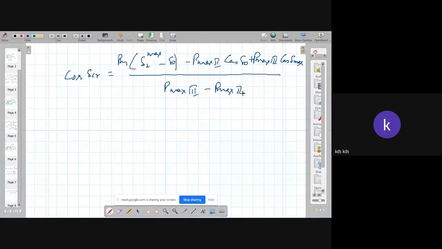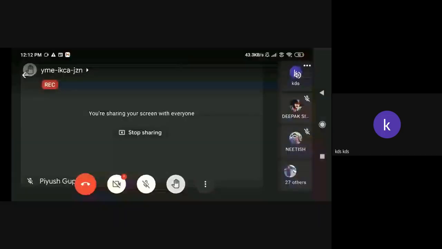If you need to consider it in terms of degrees, then these values of deltas are required to be multiplied by 180 by pi. But if you take it in radians, then there's no pi by 180 or 180 by pi terms required.